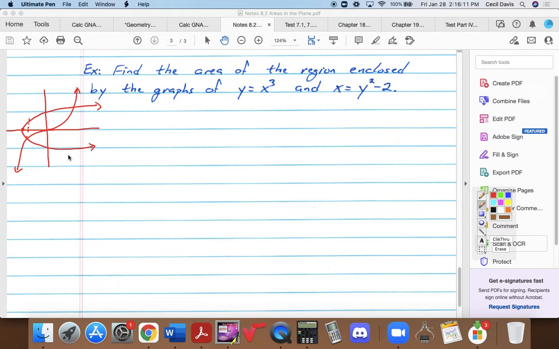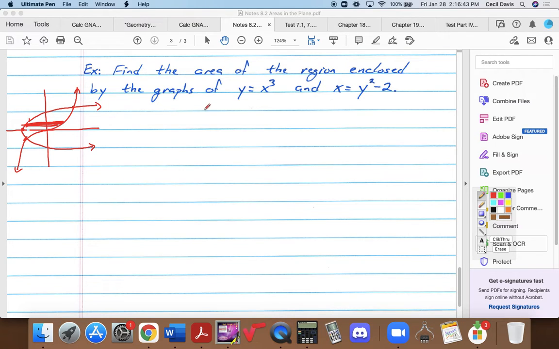Much simpler would be always to go from left to right or right to left. Then it's always one curve on one side and one curve on the other side. So let's see what we can do with this. We need to know where they intersect. And if I'm going to do it this way, I only need to know the y coordinates where they intersect.